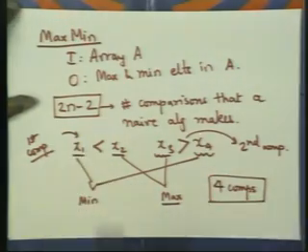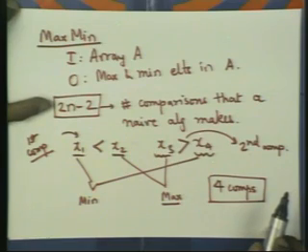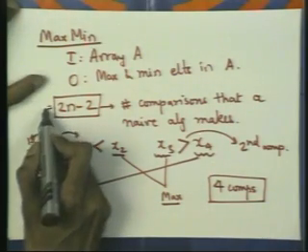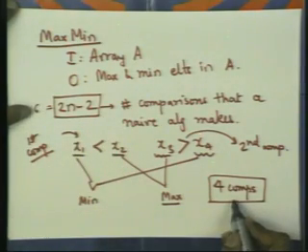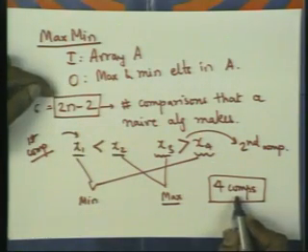Now what does our old algorithm say? It says 2n minus 2, n is 4, so this is 6 when n is 4, right? So we seem to have done certainly better than 2n minus 2.